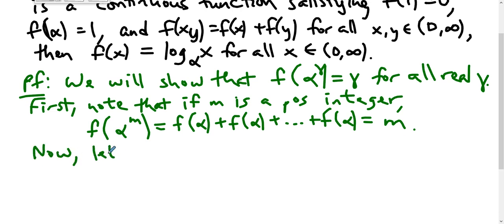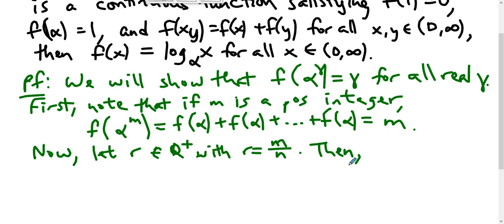Now, let r be a positive rational number with r equal to m over n, and we're just going to say out loud, because it's a video, m and n are integers, n is not 0, and m over n is in lowest terms.